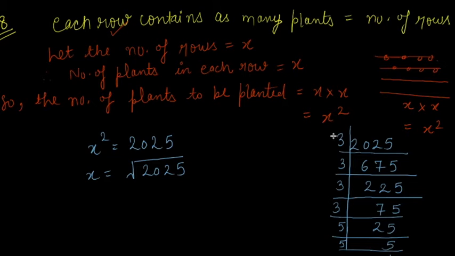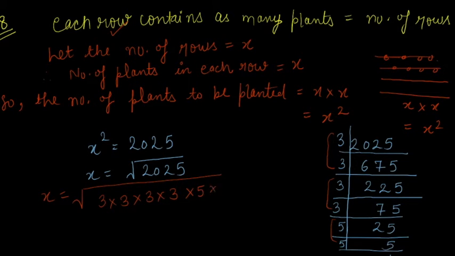Now start pairing up. It's a group of 3, another group of 3 and another group of 5. So if you write the prime factorization, it will be 3 into 3, then another pair which is again 3 into 3, and another pair which is 5 into 5. Taking one number out from each pair, 3 into 3 into 5, which gives you x is equal to 45, right? So this 45, what have you assumed? The number of rows and the number of plants.